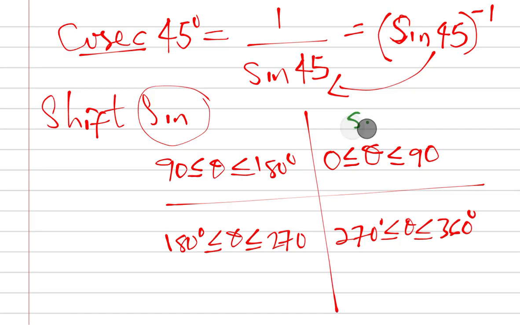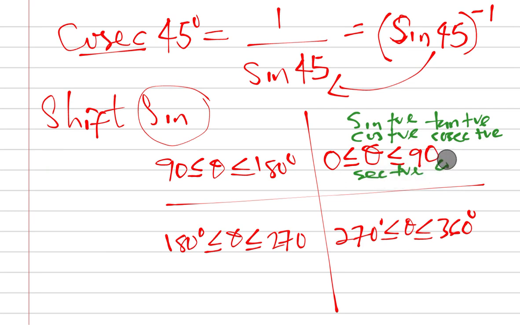That means sine is positive, cos is also positive, tan is also positive. Cosec, which is the inverse of sine, is also positive. Sec is also positive. And then we have cot, which is also positive. So under the first quadrant, all trigonometric functions are positive.